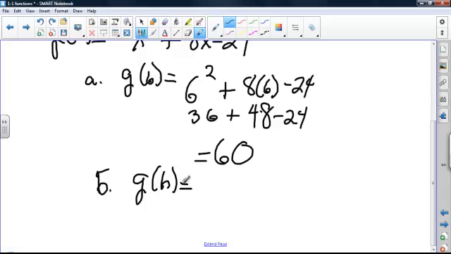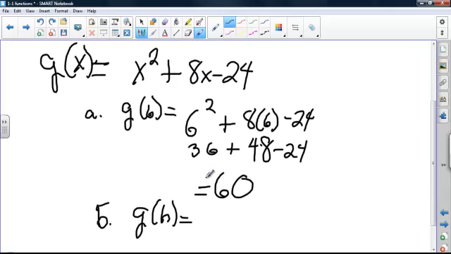What is g of h if g of x is that function up there? Well, this is really simple. We just plug in h wherever there's an x. h squared plus 8h minus 24. We can't combine, there are no like terms there. We're done. Moving on to the next one.